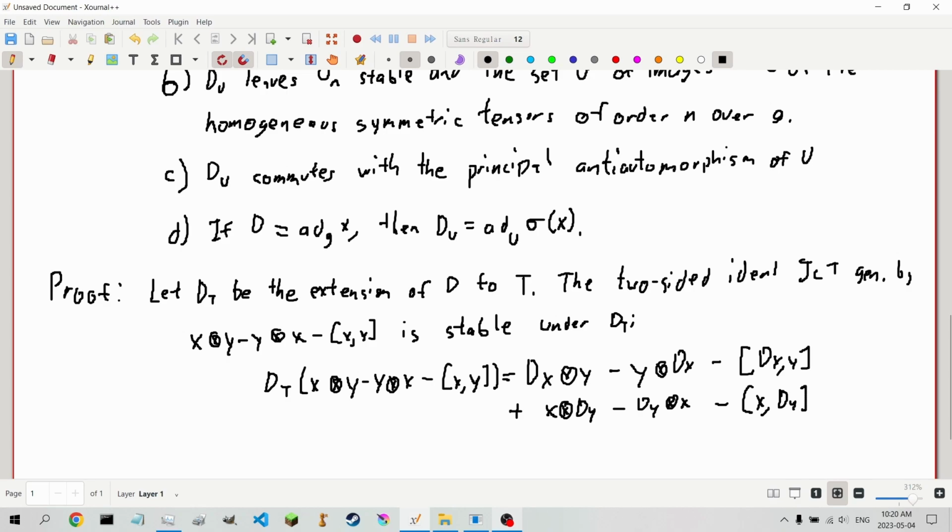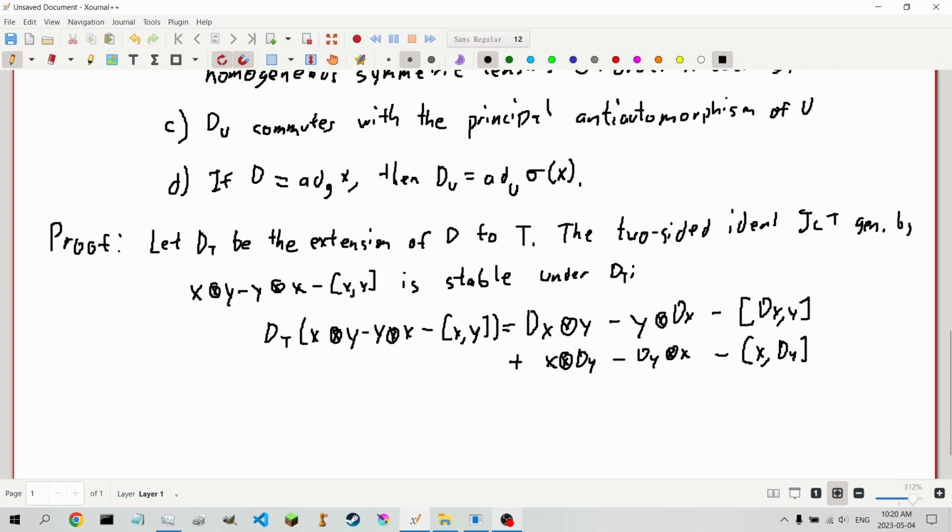Notice that this top line is in J substituting X with dx, and likewise in this bottom line you substitute Y with dy. And so we see that J is stable under dt.